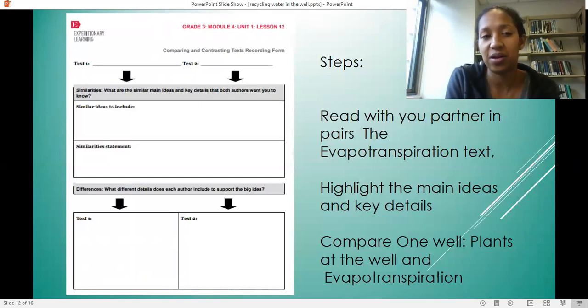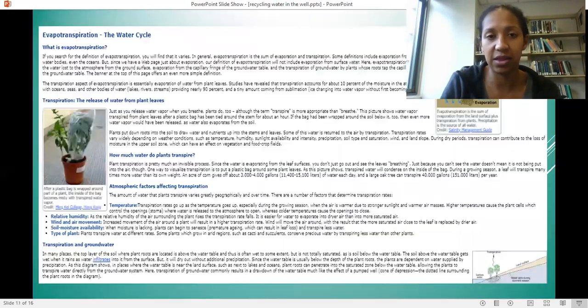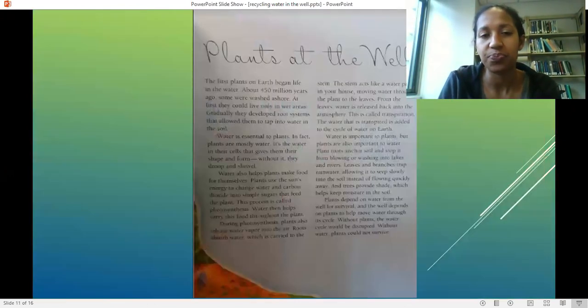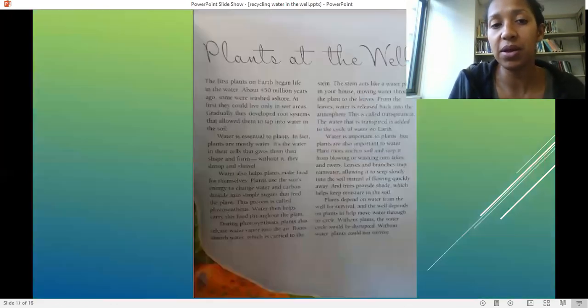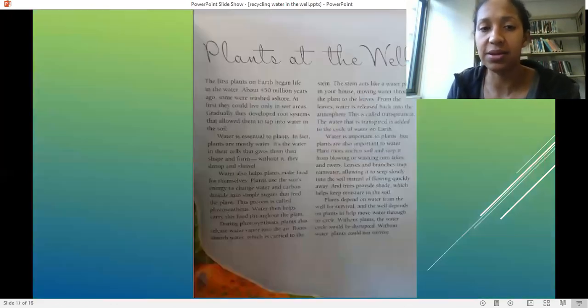Like I said before, some of the ideas that are similar: transpiration is seen in the Plants at the Well text and also in Evapotranspiration, the water cycle. A similar statement in both texts talks about root systems.